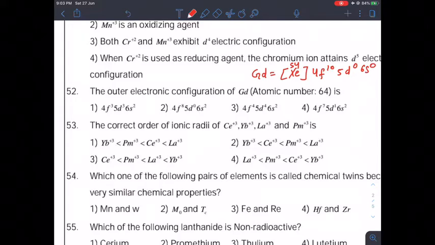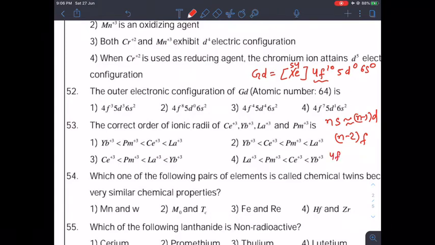But due to half-filled stability, and as you know there is a very small energy gap between ns, (n minus 1)d and (n minus 2)f, which technically means that the energy levels of 4f, 5d and 6s are very close.